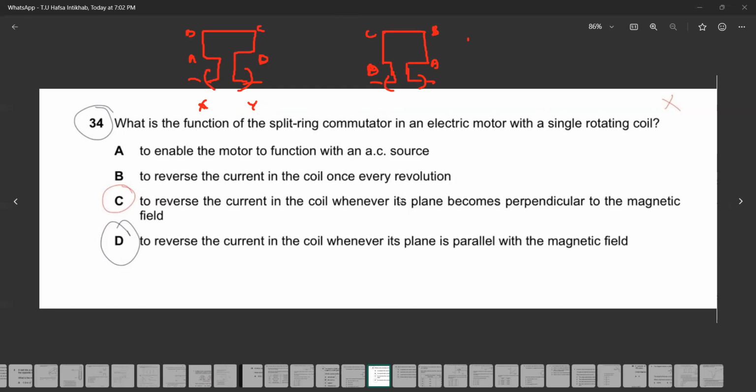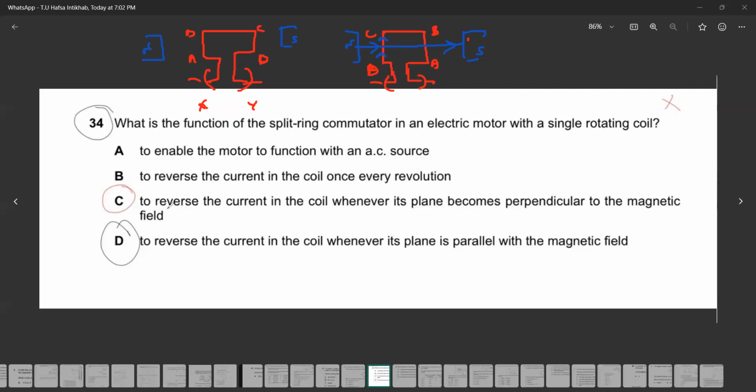And we have the magnet, with north and south poles. So the magnetic field, because the direction of the current has become reversed. See, the magnetic field from north to south and the direction of the current are always perpendicular when it reverses the direction.